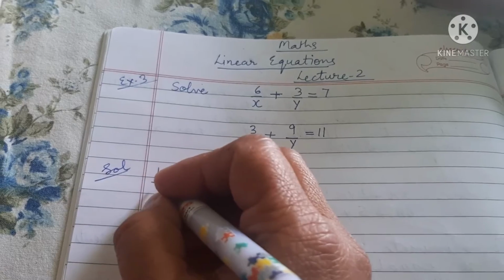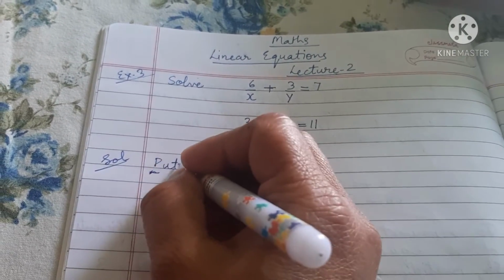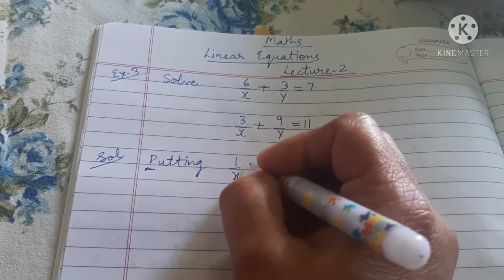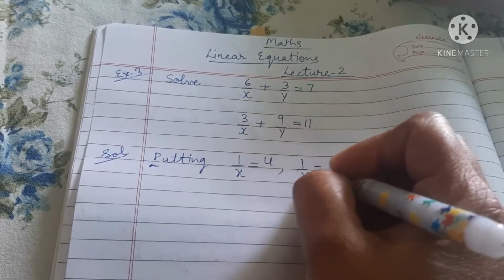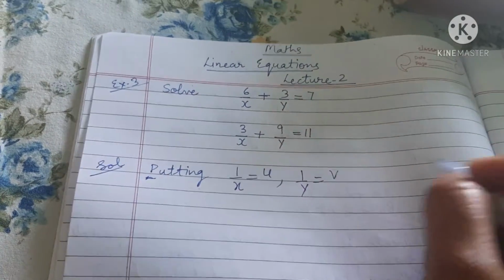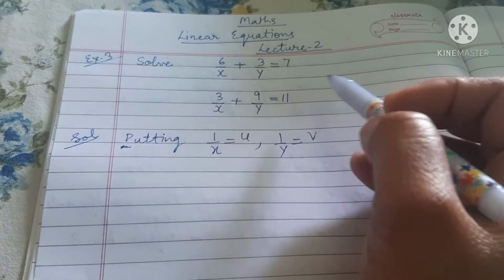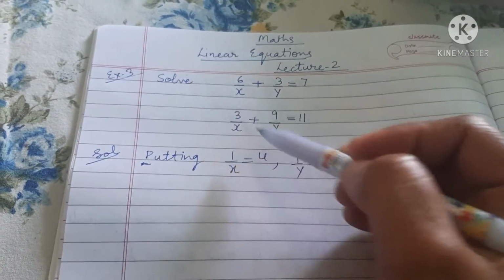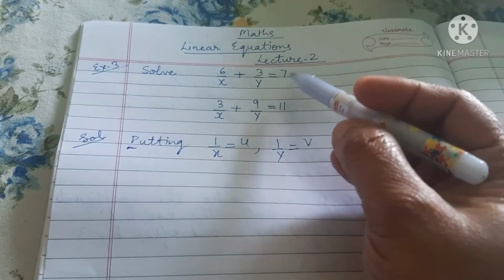You will first write, putting 1 by x is equal to u and 1 by y is equal to v. So you will assume 1 by x is equal to u and 1 by y is equal to v, and then you will put these values in the two equations. Why do you do this?